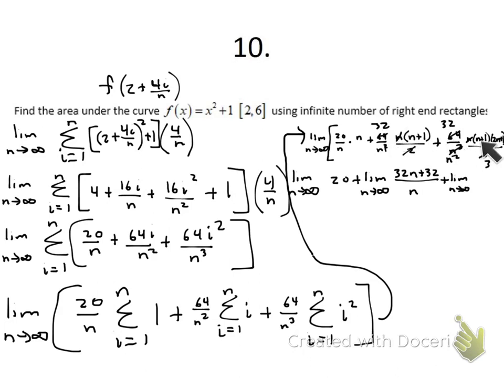I also recommend right here this binomial that I can barely see. Multiply that. So n plus 1 times 2n plus 1 is 2n squared plus 3n plus 1. Is that right? So when I take that 32 times this, it gives me 64n squared.